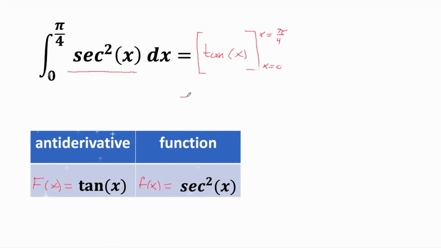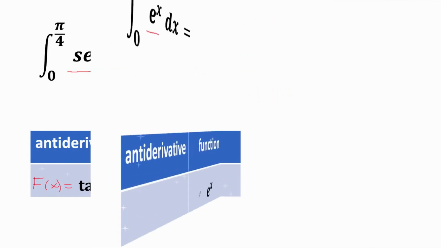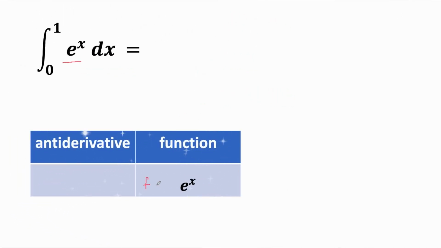So we'll take this function tangent and evaluate it at pi over 4, and then minus we'll evaluate tangent at 0. But we know that this is 1 and this is 0, so the definite integral is going to be 1.